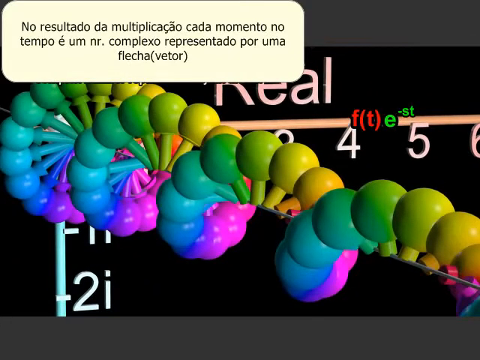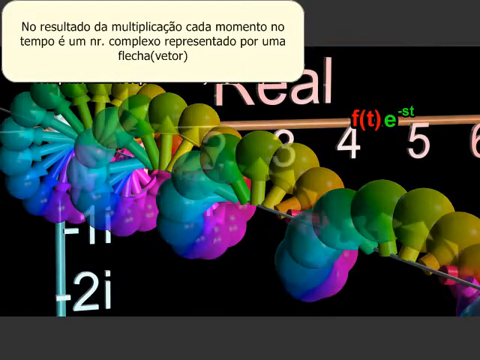In the result of the multiplication, each moment in time is a complex number represented by an arrow.